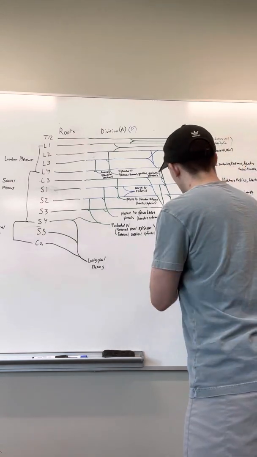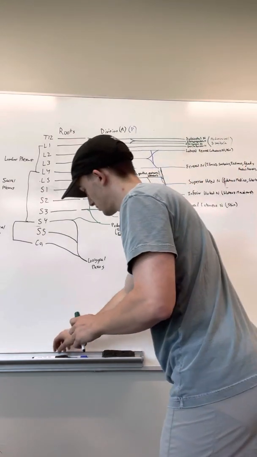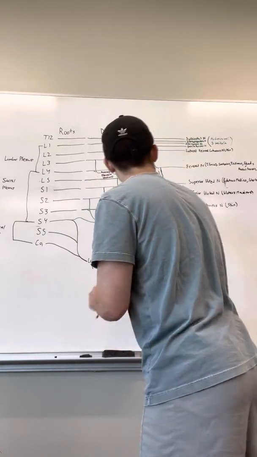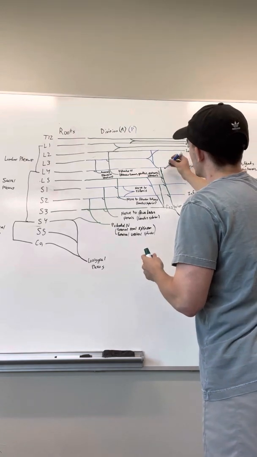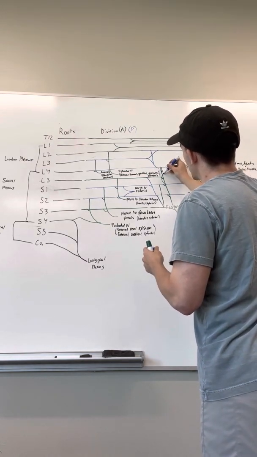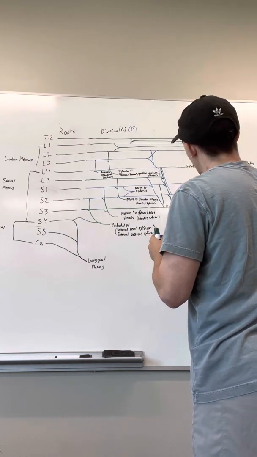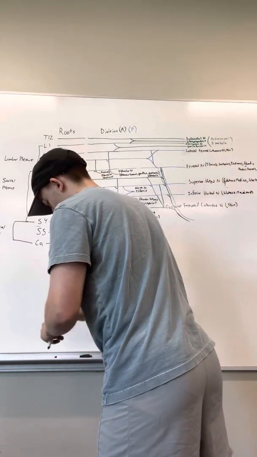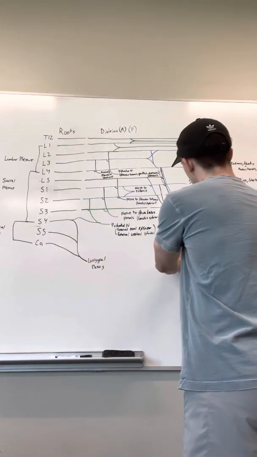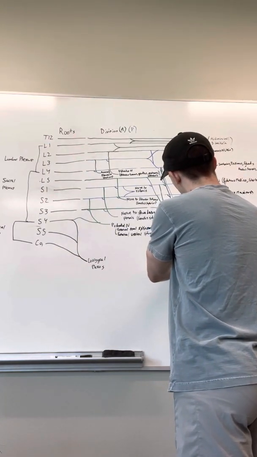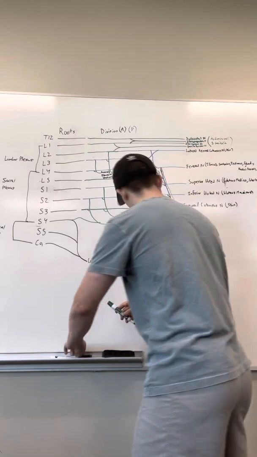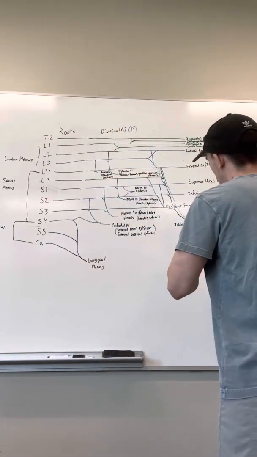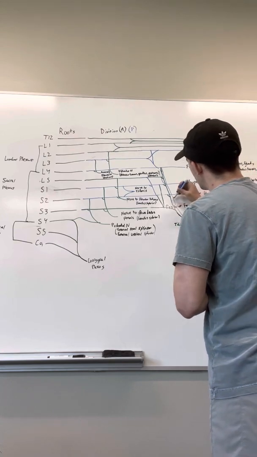And I'm also going to draw, so this is the tibial nerve, and then next to it, for the posterior side, is going to be the fibular nerve. So tibial nerve, and then the fibular nerve.